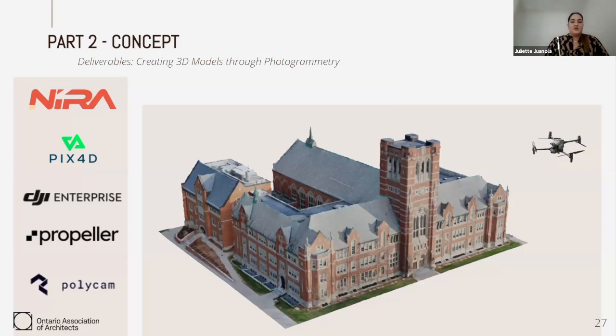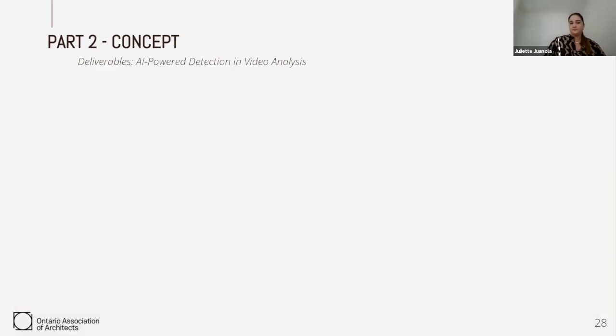That can be a very useful tool, especially for planning purposes. It is possible to very accurately measure some parts of the building using this model. So for example, for this type of building specifically, you would have the ability to measure the size of a brick. So a really interesting tool. And here a few companies are listed that can perform this type of service.